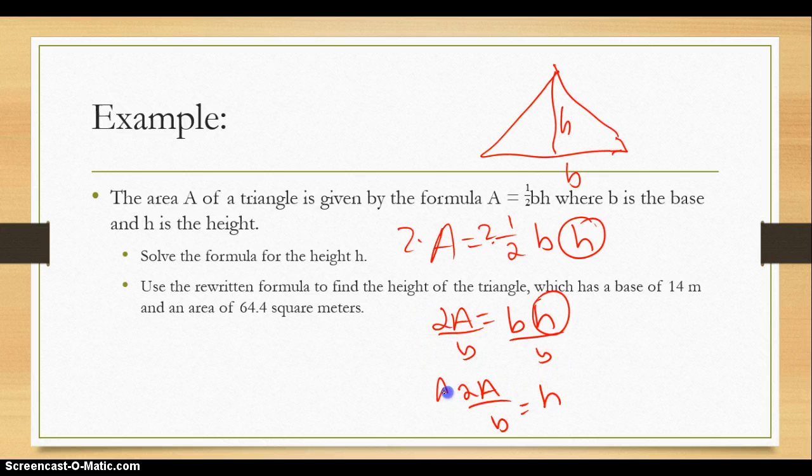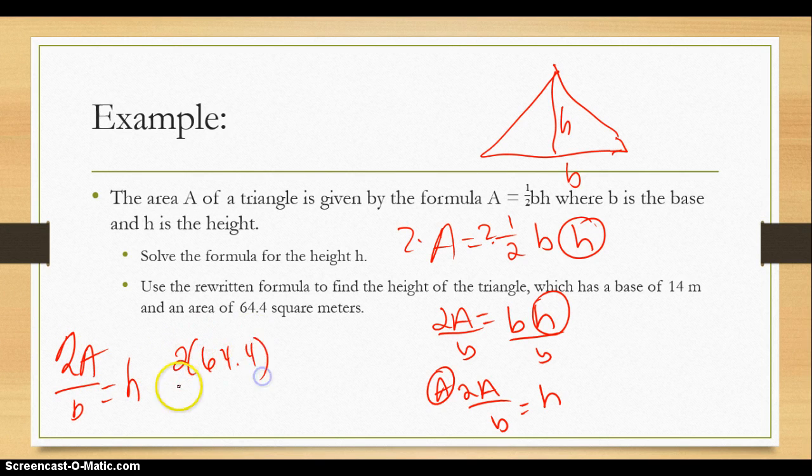So this is part A. We solved for h. Now it says use the rewritten formula to find the height of the triangle, which has a base of 14 meters and an area of 64.4 square meters. So we plug this information in. We know 2A over b equals h, so it's 2 times the area of 64.4 divided by the base, which is 14.